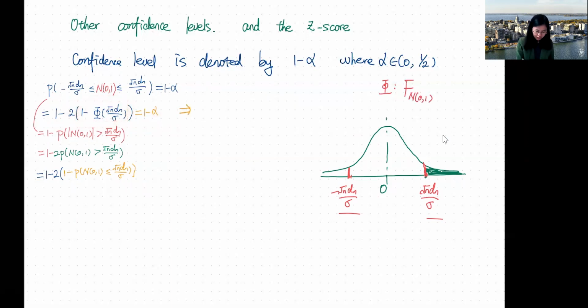So that implies 1 minus phi of root n dn over sigma should be equal to alpha over 2. Or in other words, phi of root n dn over sigma should be equal to 1 minus alpha over 2.